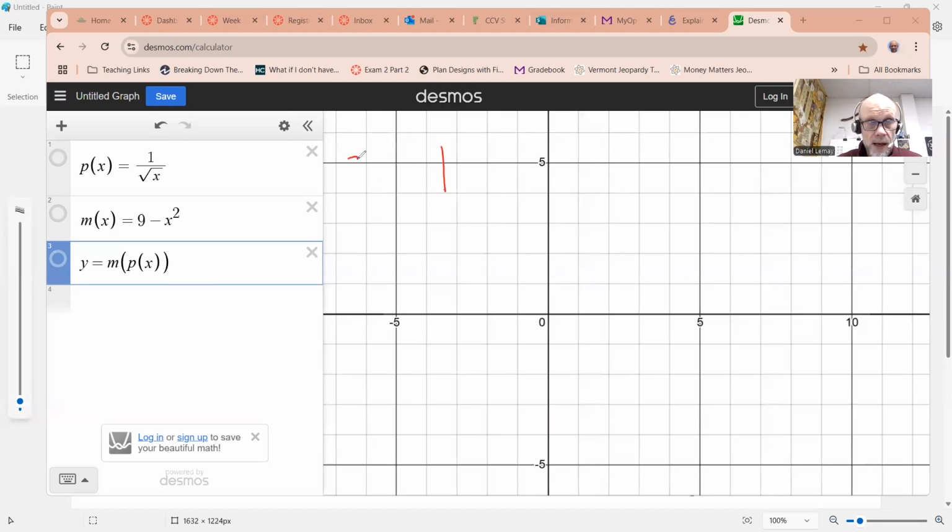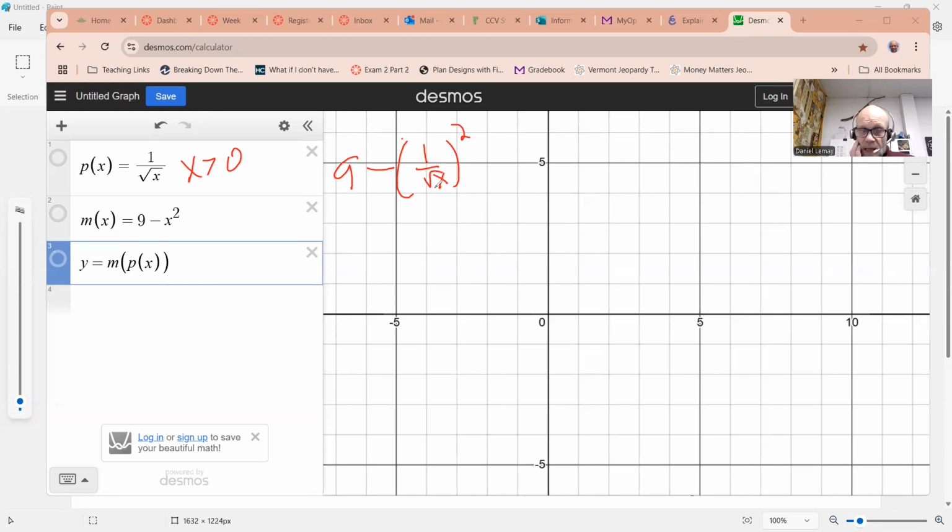I'm going to do 9 minus 1 over the square root of x, and then I'm going to square it. So that old domain limitation, that x has to be bigger than 0, is the one that's going to play along here. And so that's what we think is happening, right?